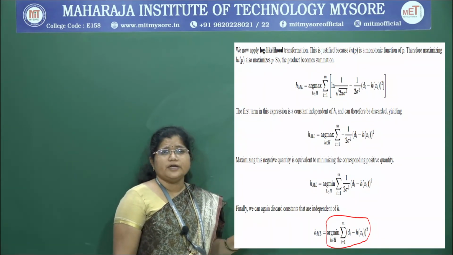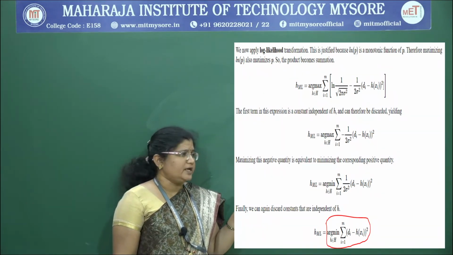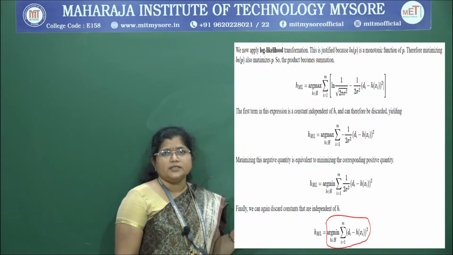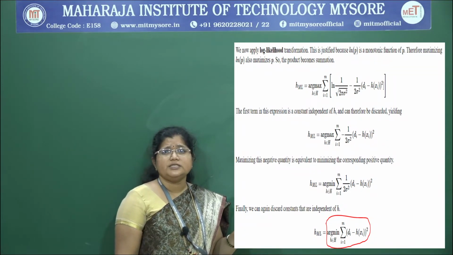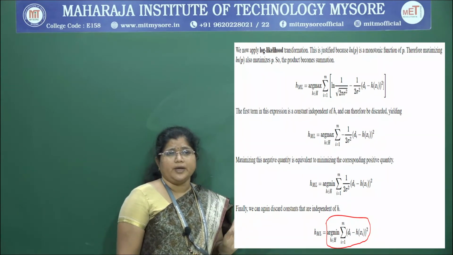So finally, we can discard the constant that is independent of h, and write HML is equal to argmin h belongs to H, summation i equal to 1 to m of di minus h of xi the whole square.